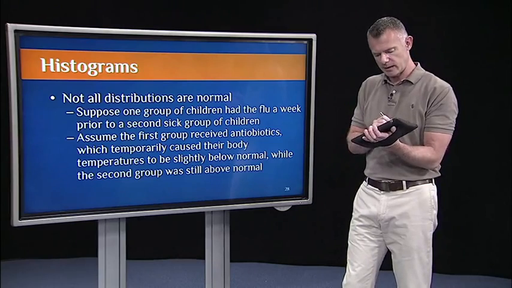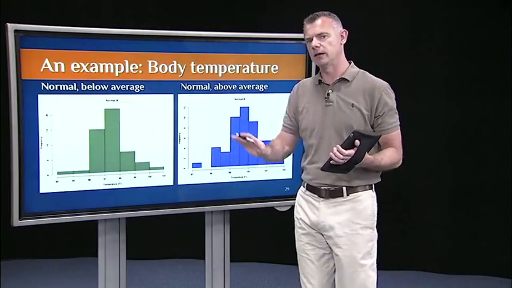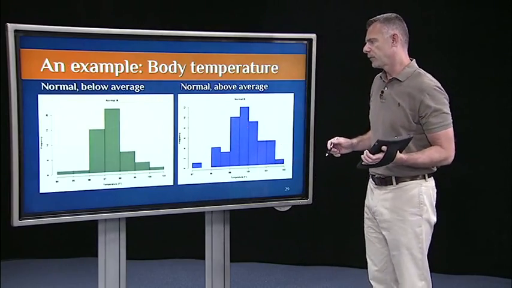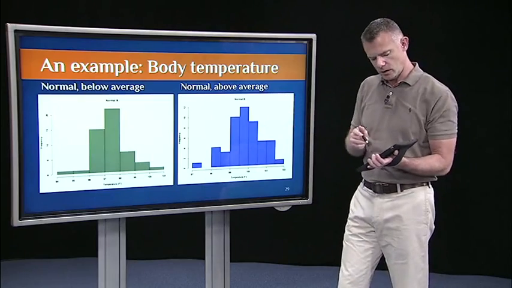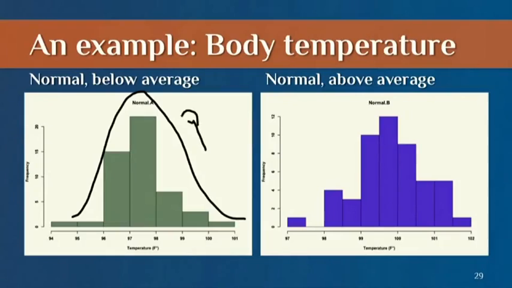Okay, let's look at that in graphics. Again, I'm going to do this first in Fahrenheit, then in Celsius. So here, on the left, is a normal distribution. It's pretty normal. But it's a little bit below average. Remember I said the average is 98.6.